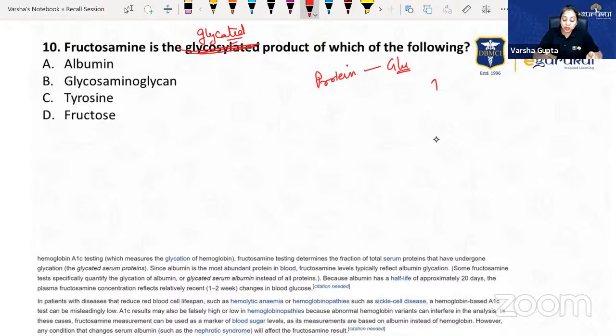That usually happens when you have hyperglycemia, meaning there is too much glucose available, definitely in the diabetic conditions we talk about, right? Then it gets attached to the protein. That is why for diabetes, we look for the glycated hemoglobin.